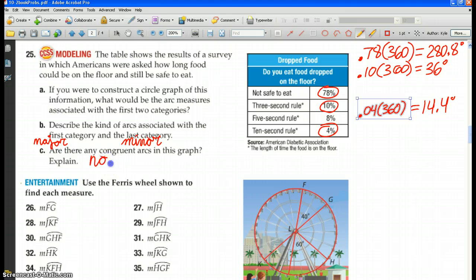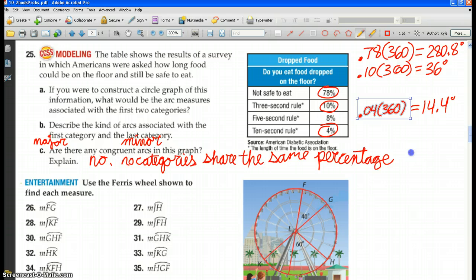So my answer is no, because no categories share the same percentage of the circle.